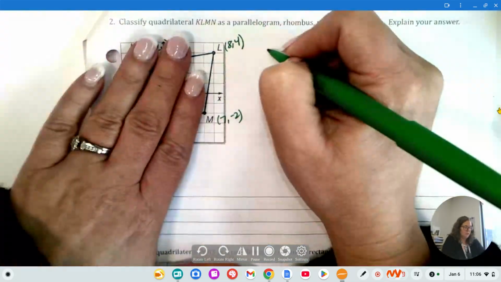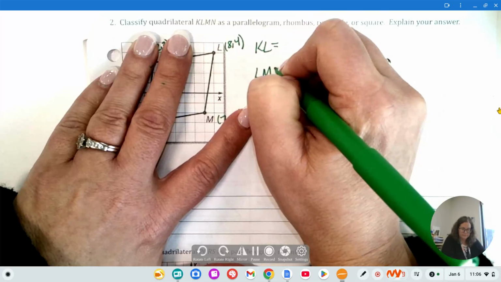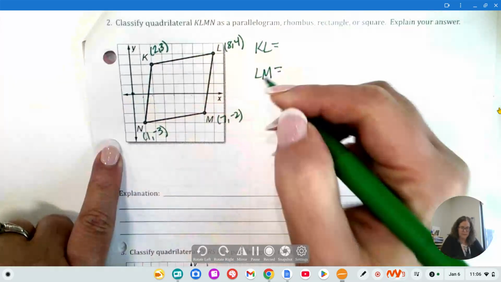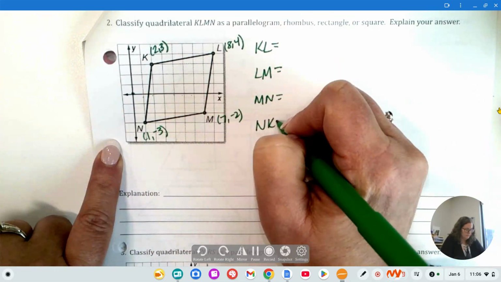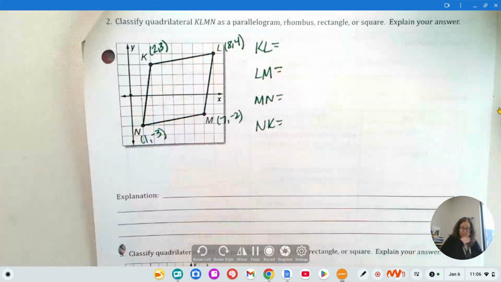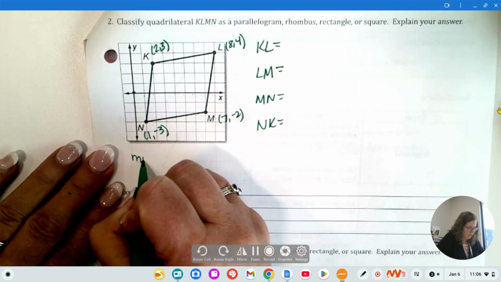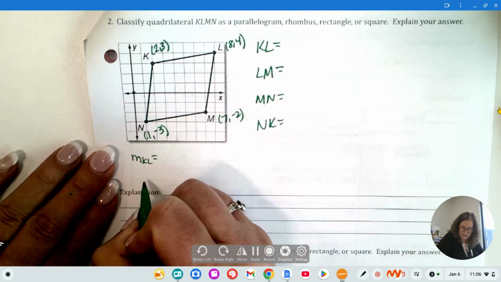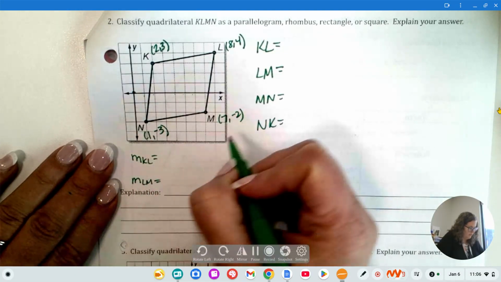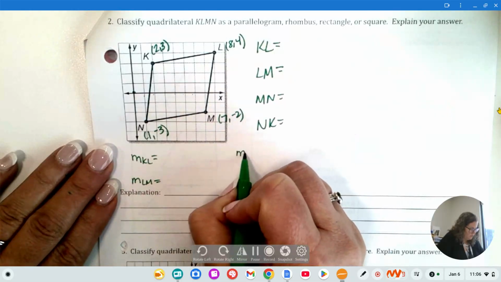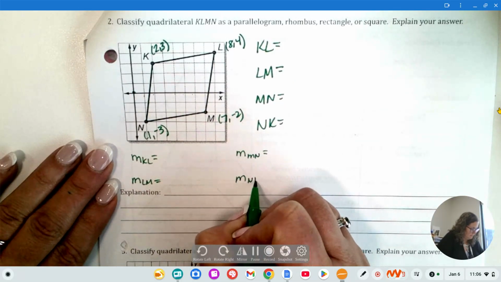And now you are going to be wanting to find KL, LM, so going around KL, LM, MN, and NK using the distance formula, okay? And then you're also going to want to find the slopes of each of these. So measure the slope of KL, the slope of LM, so I'm just using the things that I have written there, the slope of MN, and the slope of NK, okay?